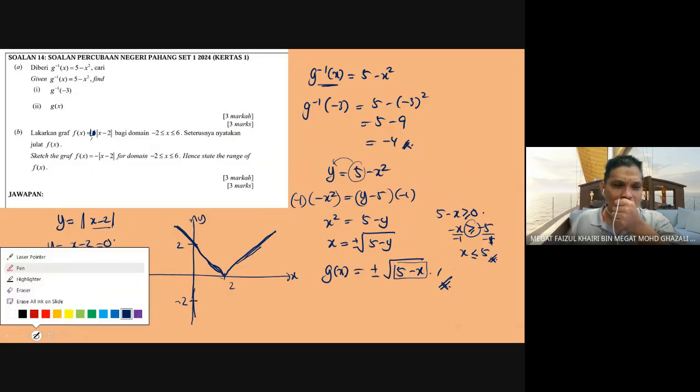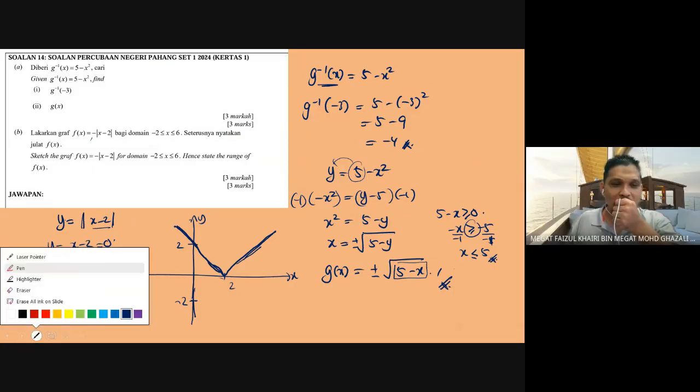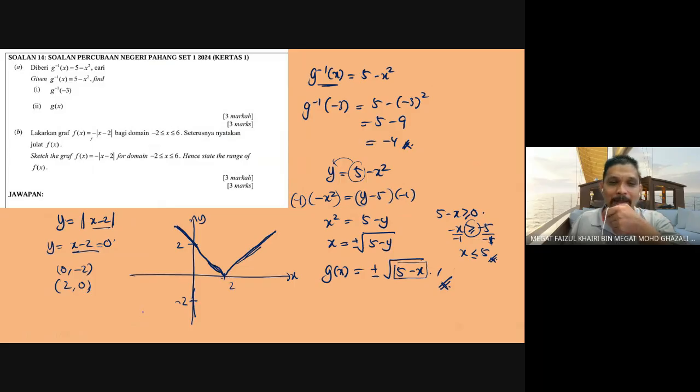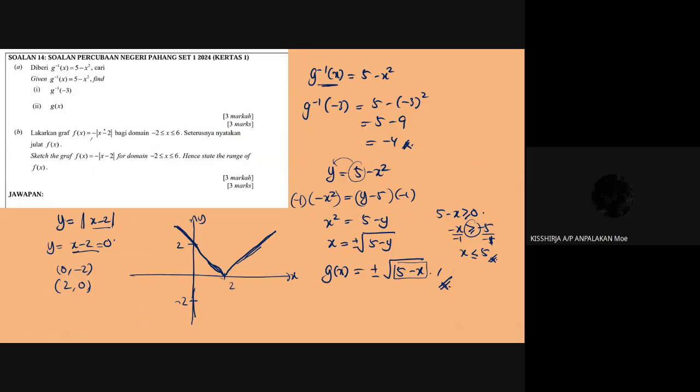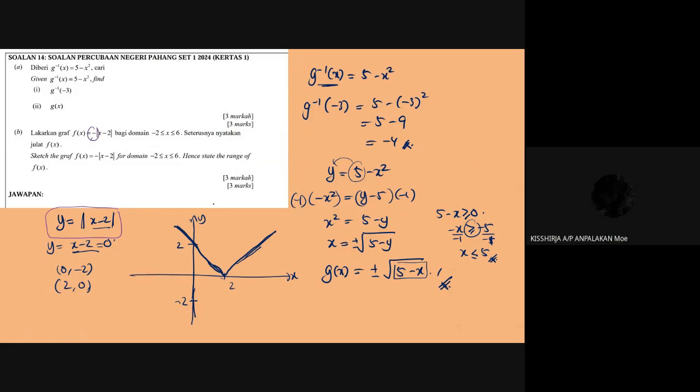Look at the original question. It is negative. So what is the real graph for this function? Here y is all positive, right? But once all this positive is multiplied with negative, it becomes negative.